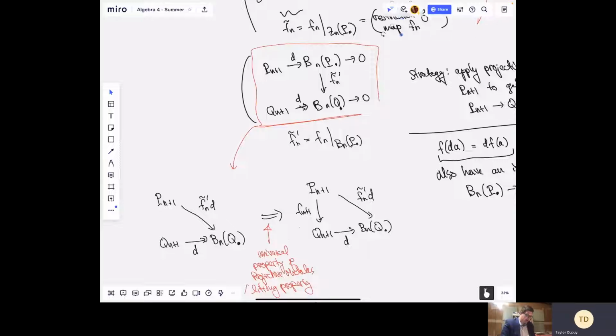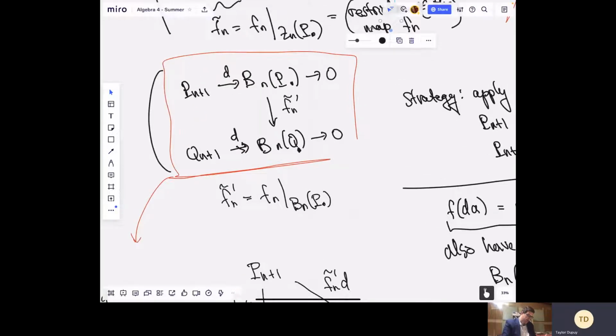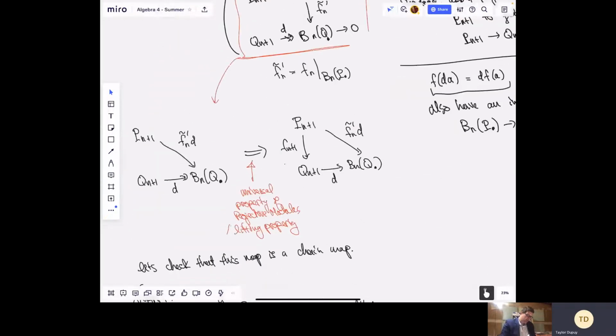In this particular application, it doesn't matter because the resolution was assumed to be exact. By definition, resolutions are exact, so the kernel is equal to the image. So it doesn't matter if we use BNs or CNs, and this sequence would be exact with BN or with CN.